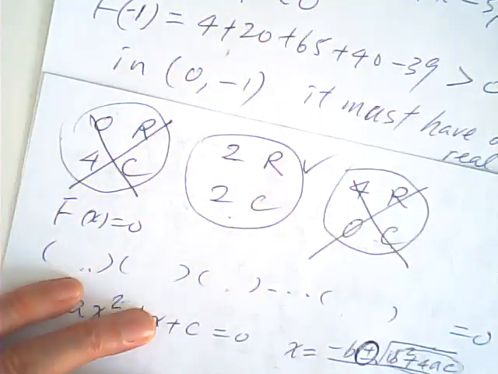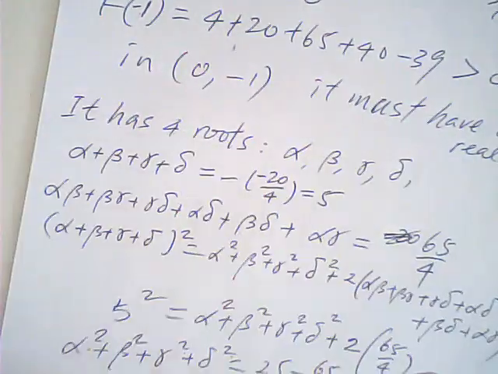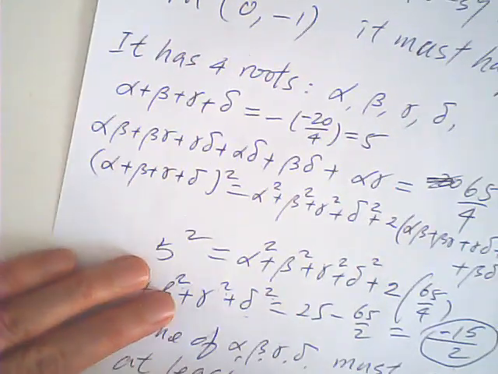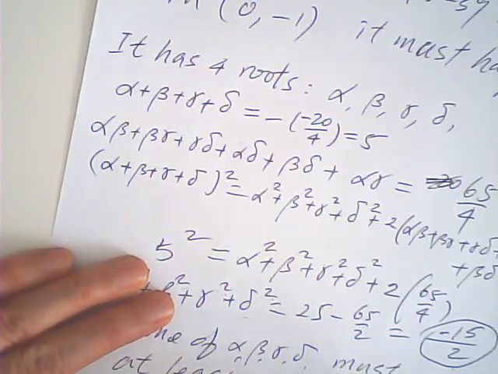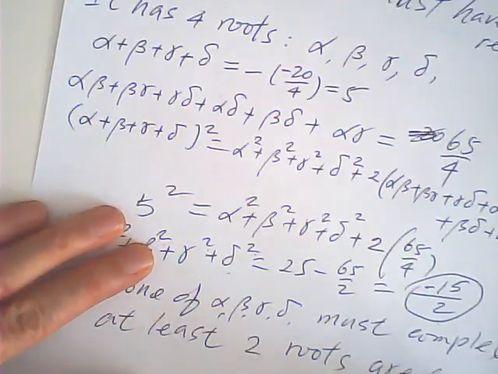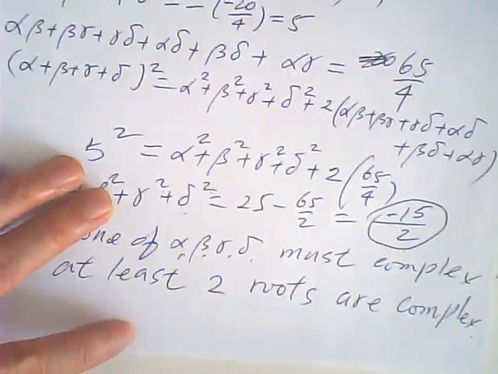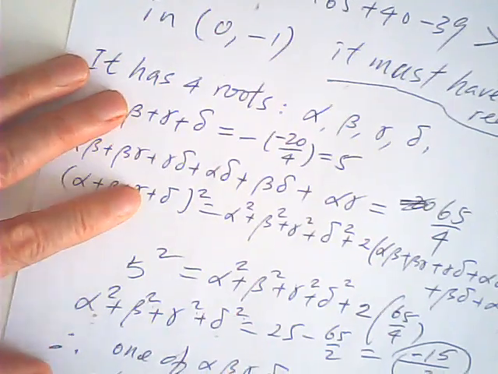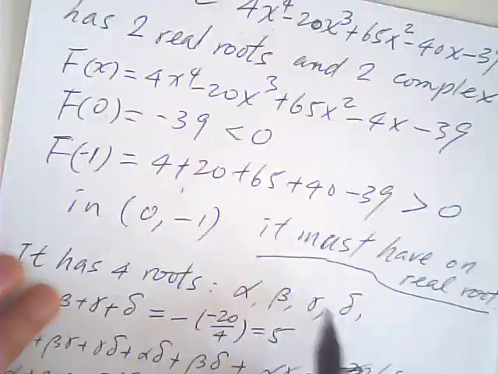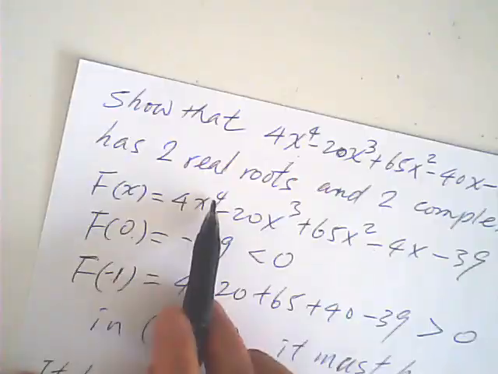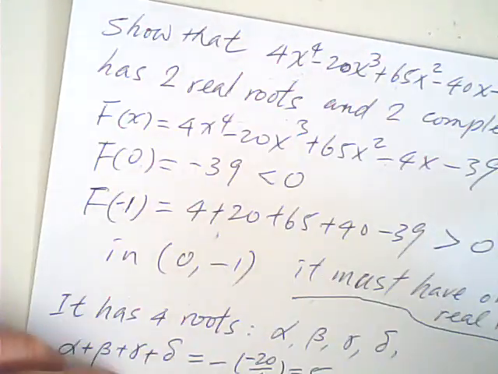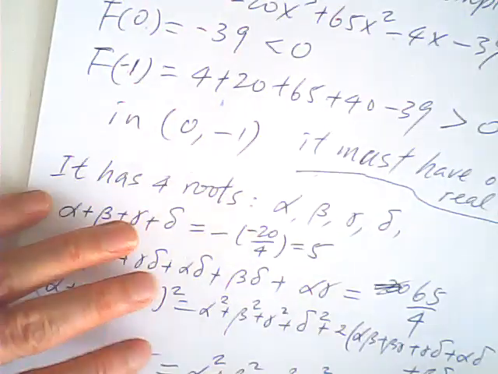So this is the only case. Therefore at least two roots are complex. Combined with this, it must have at least two complex and at least two real. Therefore it has two real and two complex. That verifies that this equation has two real and two complex roots.